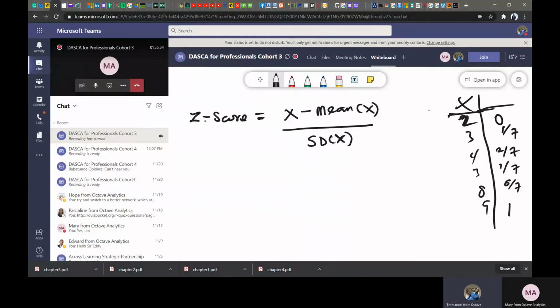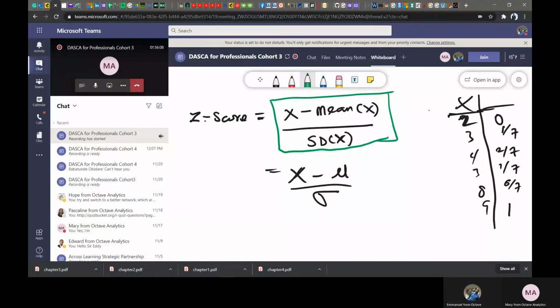So literally you write x minus mean over standard deviation. If you want to write it in R, I think you can use the function scale to actually do that. Scale. I think this is going to do your z-score scaling for you. So that's how to find your z-score value.